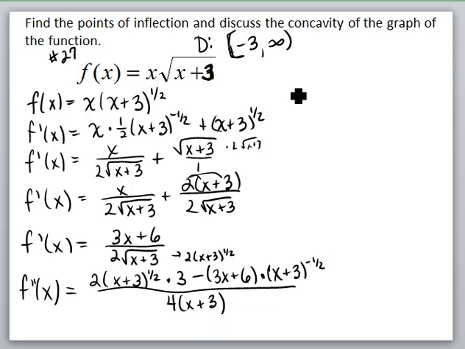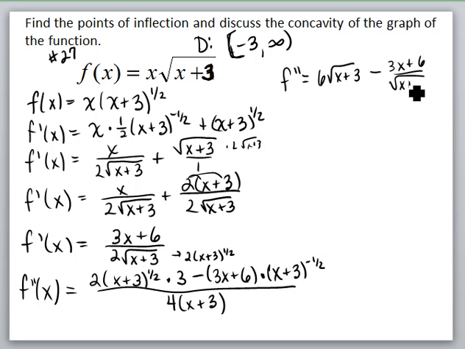So I'm going to come up here to finish the simplifying. The second derivative would then be 6 square root of x plus 3 minus, I'd have the 3x plus 6 on the top and the square root of x plus 3 on the bottom, and then a large fraction with the 4 times x plus 3 on the bottom.